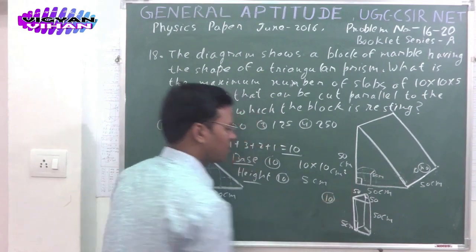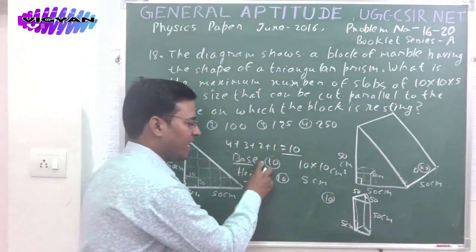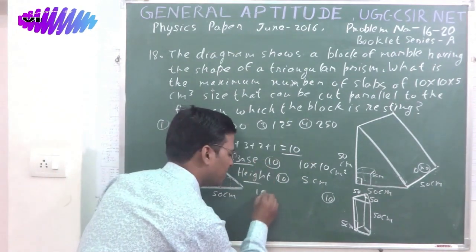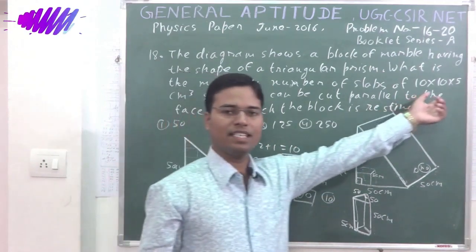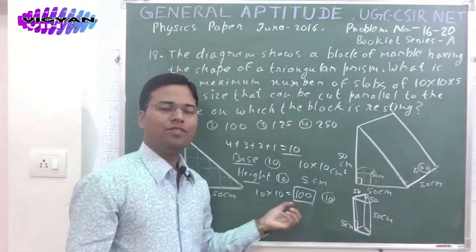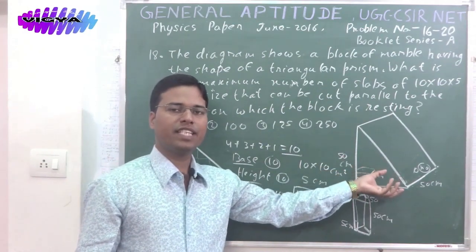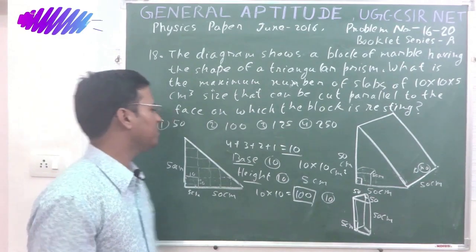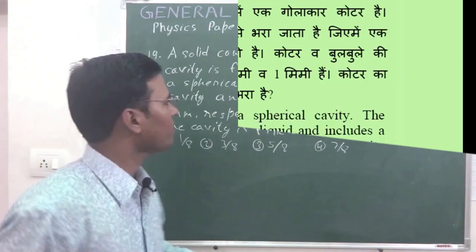Multiplying these two quantities, 10 multiplied with 10, will give you the number 100, the number of slabs of dimensions 10 by 10 by 5 which can be cut from this triangular prism shaped marble slab. The correct answer of this problem is option 200.